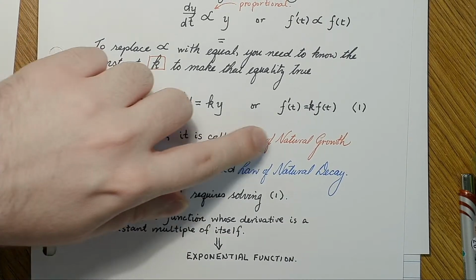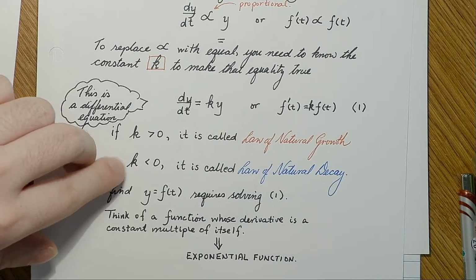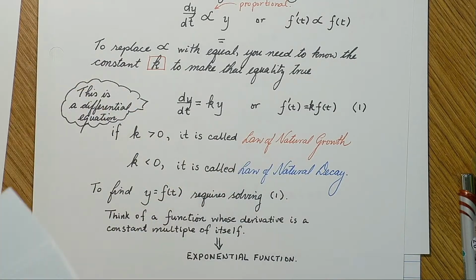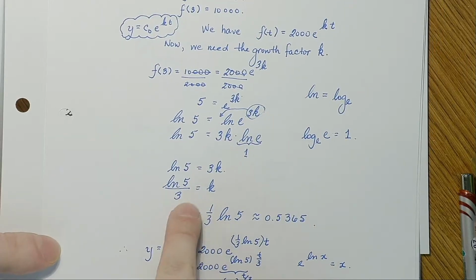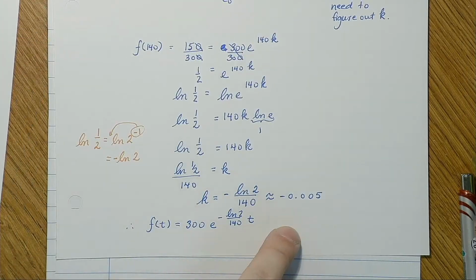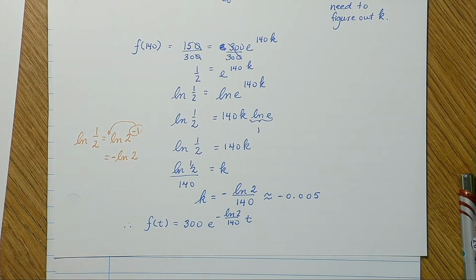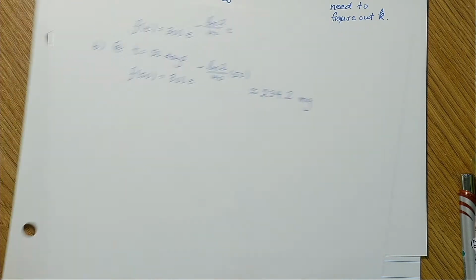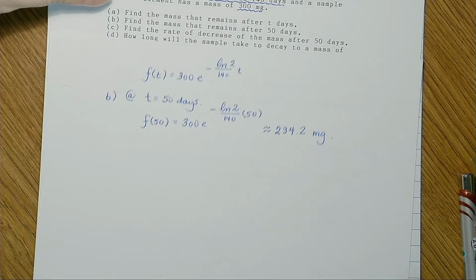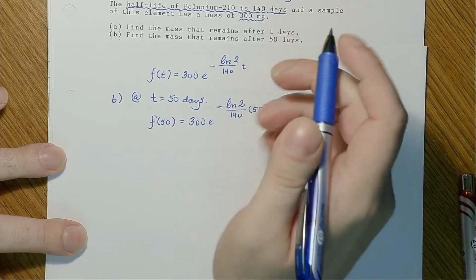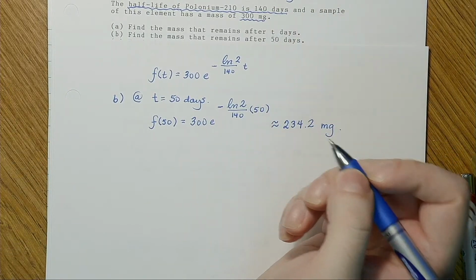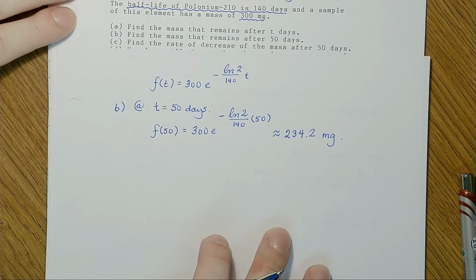K greater than 0 means it's growing, and less than 0 means it's decaying. In our bacteria example, k was positive, which means it was growing. In this case, k is negative, which means it's decreasing over time. So we have the mass that remains at 50 days. We finished that one.